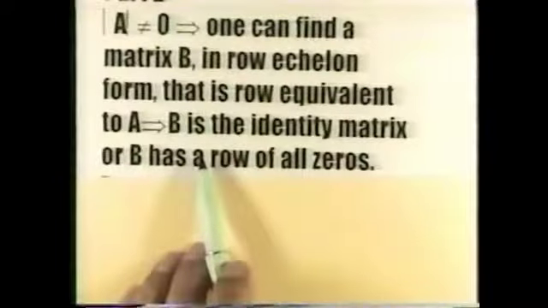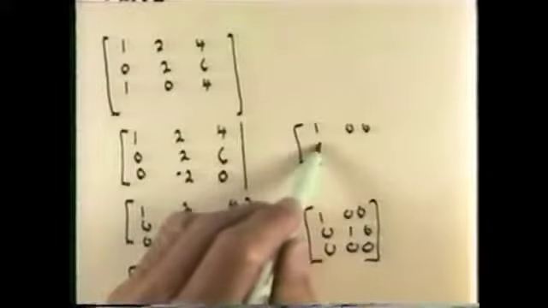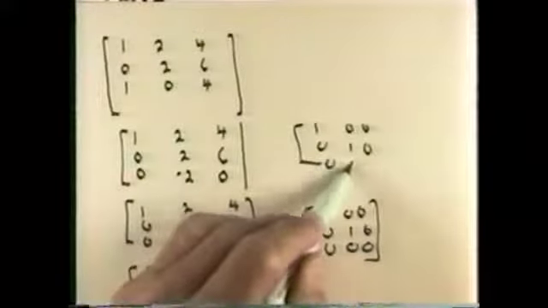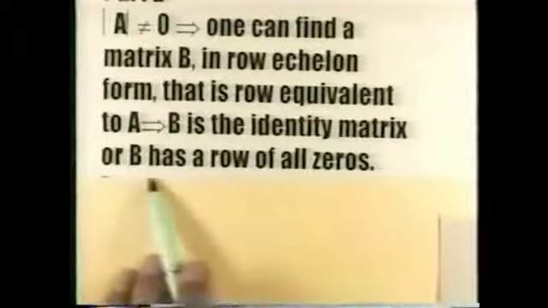So either B is the identity matrix, or B has a row of all zeros. One of those things will happen.